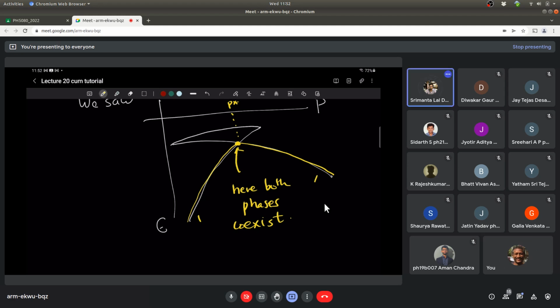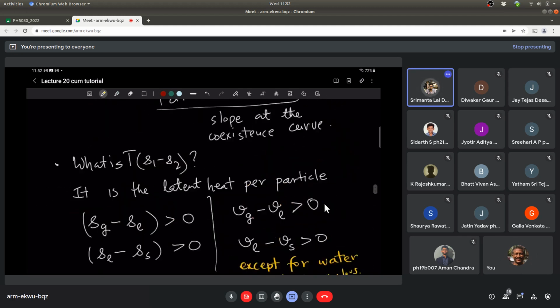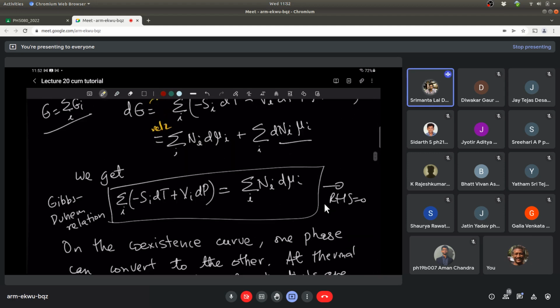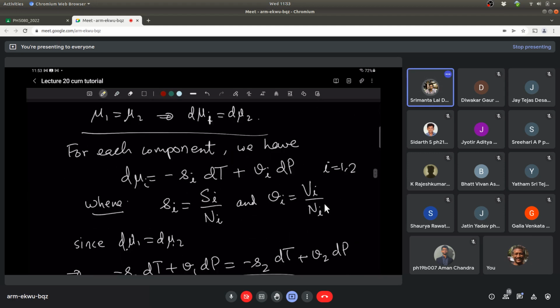Sir, I have a question from the initial portion where we have written dG. Here, for the individual component we have written the expression, right? But the previous expression, that is also correct, no? Because it's for the sum, it will also be correct.